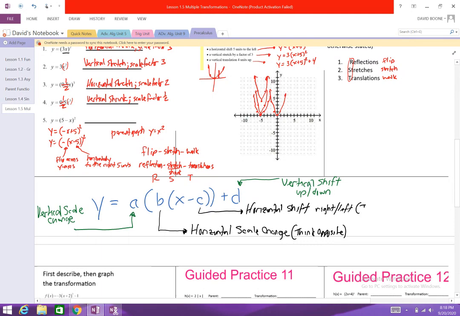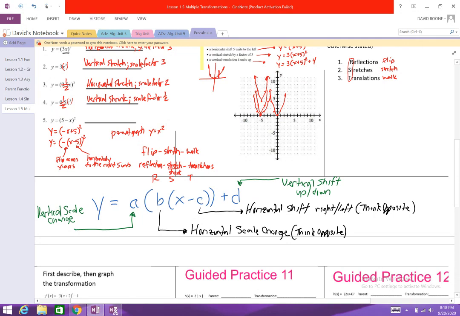And again, what I want you to do is think opposite because it's inside the parentheses. So if this was a -5, we'd be thinking opposite, so it'd actually be moving it to the right 5. If this was a +7, we'd be thinking opposite, so I've got to go to the left 7.